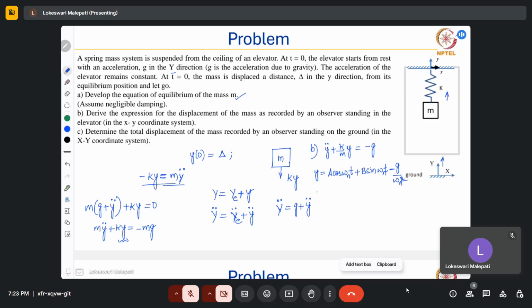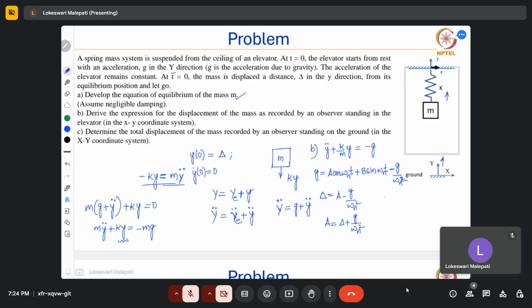Now we can substitute the initial conditions for finding out these constants. Also y dot of 0 is equal to 0 because there was no velocity at time t is equal to 0. So delta is equal to a minus g by omega n square, which means a is equal to delta plus g by omega n square.